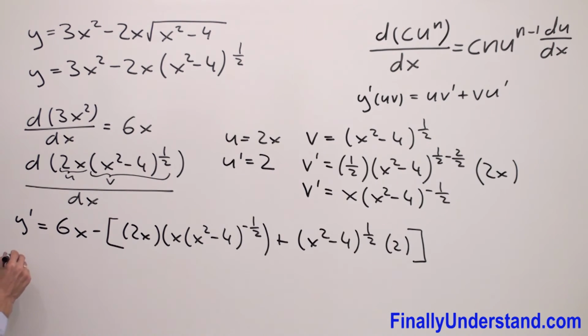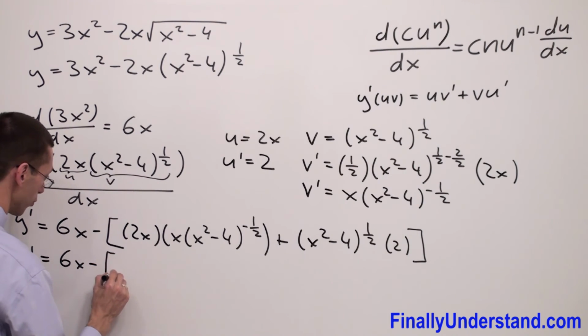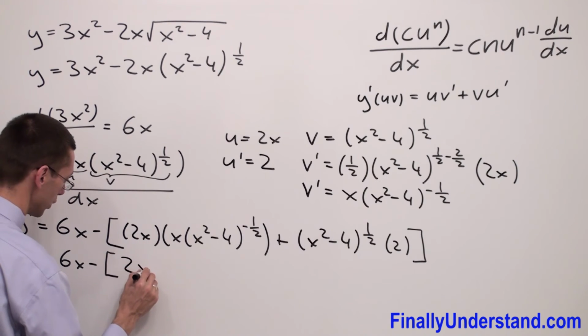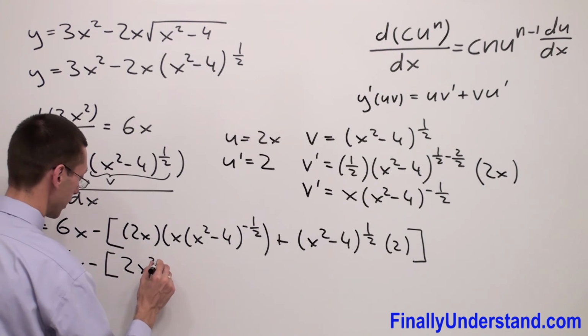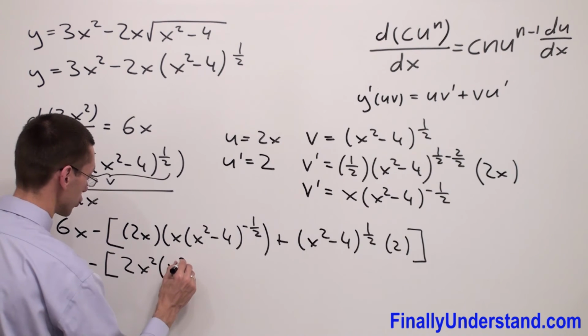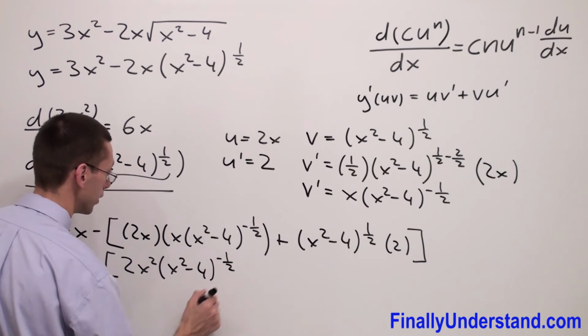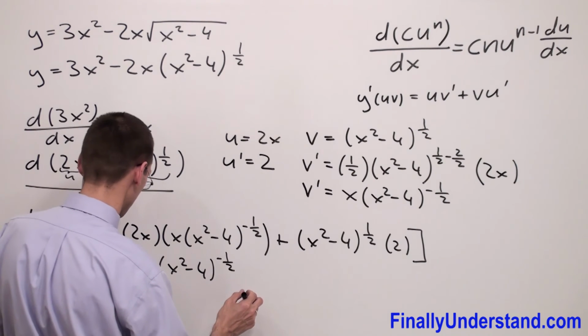And we have y prime is equal 6x minus brackets, and I have 2x times x is 2x squared, and I have (x squared minus 4) to power negative 1/2, right?